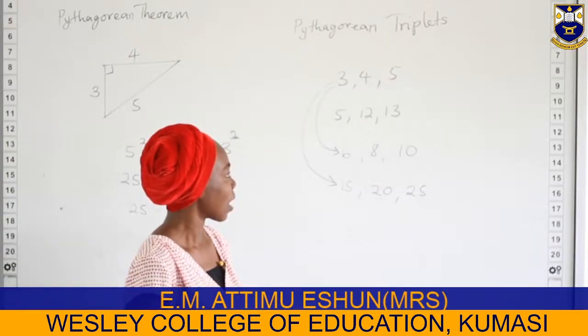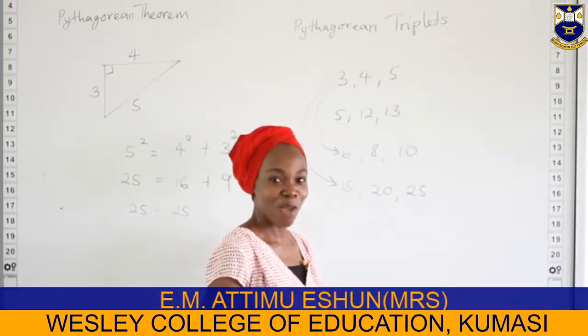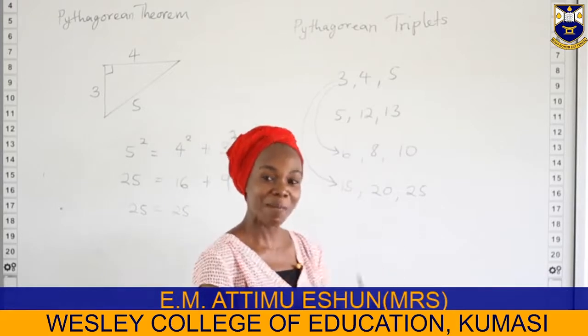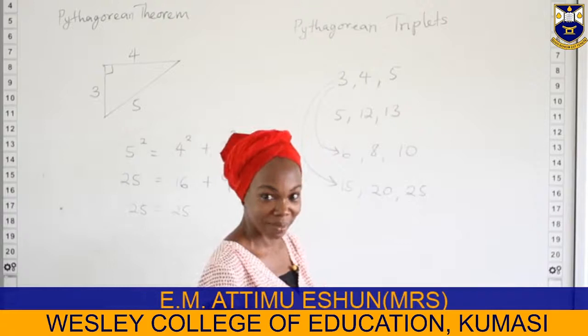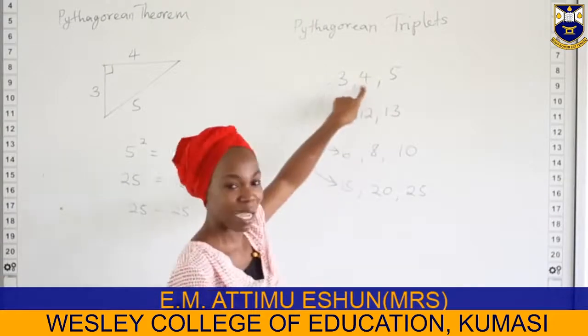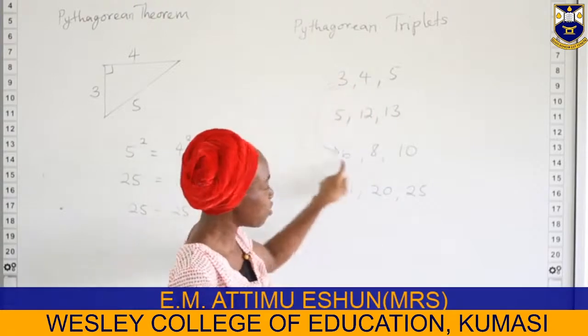Now with the primitive one, we have quite a number of primitive Pythagorean triplets. Now we are calling them primitive because they help us to generate more of the Pythagorean triplets. So this is a primitive Pythagorean triplet, and yet we can use it to generate more.